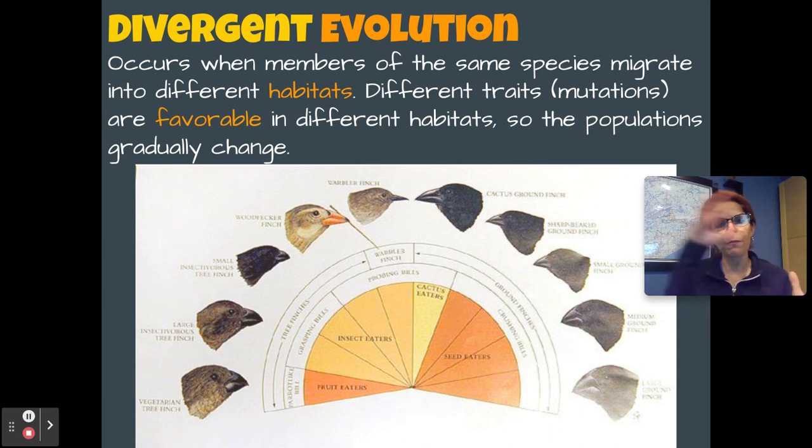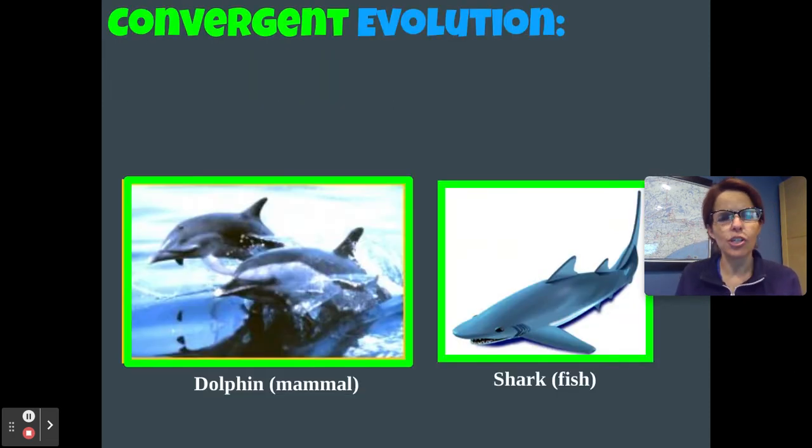So over time, as these birds move to these different islands, different mutations became advantageous and they began to change so that they're actually identified as 13 different species of finches. And they don't mate with each other because they are ideally suited to their particular environment on their particular island. So that's an example of divergent evolution.